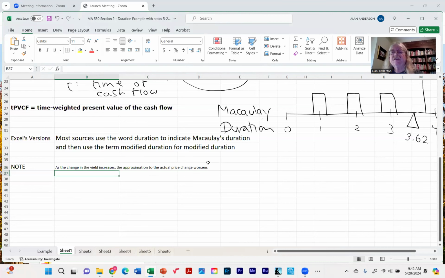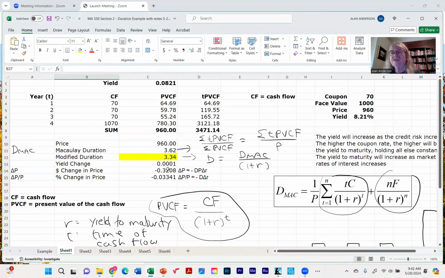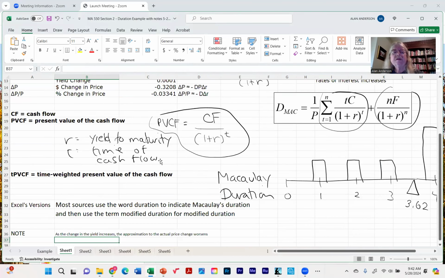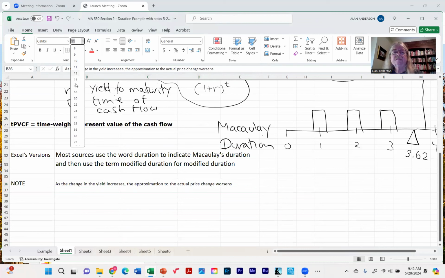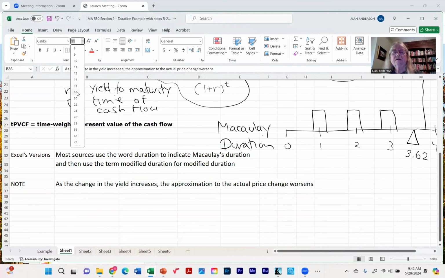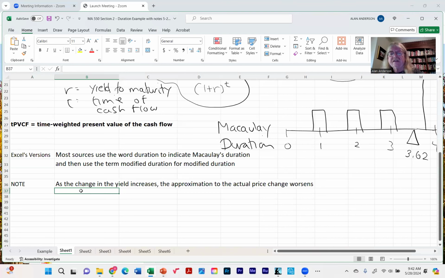So if I actually change it by 1%, you'll notice that it's not going to be as accurate as it is here. So the duration is very accurate when the yield changes are small. As the yield change increases, it starts to break down a little bit.